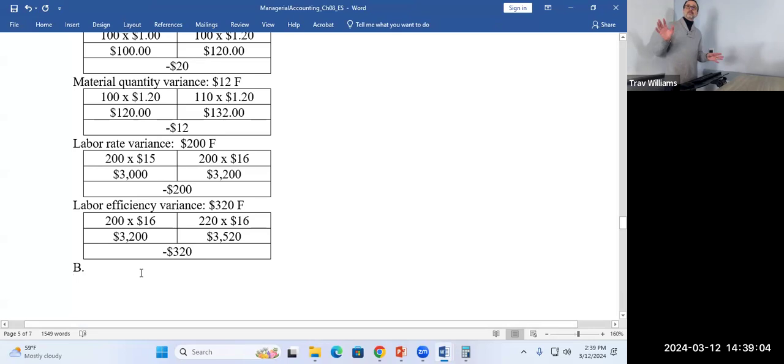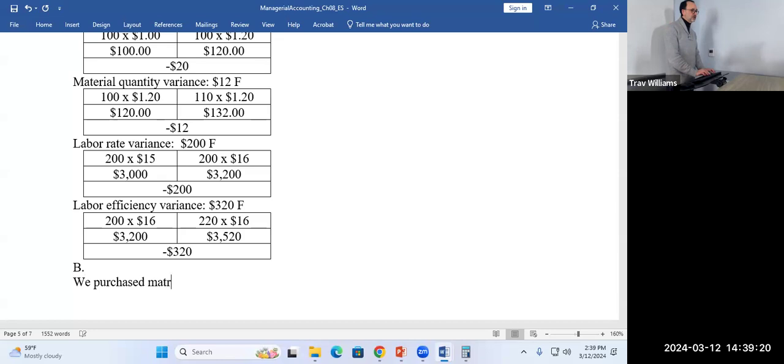It could be any number of things, and maybe they're not even related. But if we're looking for one magic answer, it could be that we purchased materials that were both cheaper and higher quality.